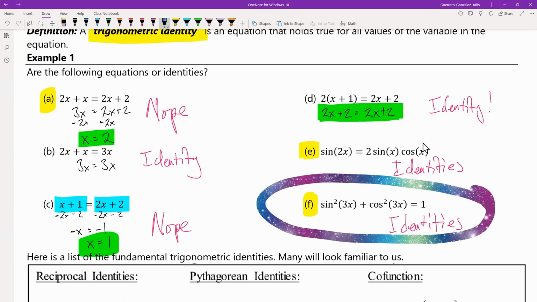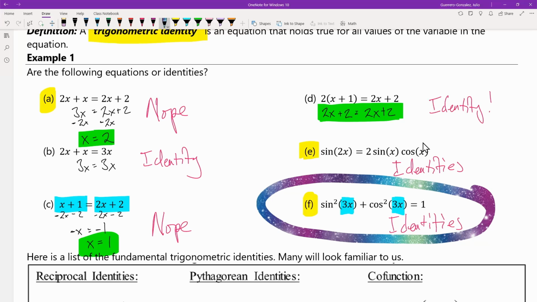If you take a look at the thing that's inside, you should notice that for F, it looks like sine squared plus cosine squared is equal to 1. That is our Pythagorean identity.